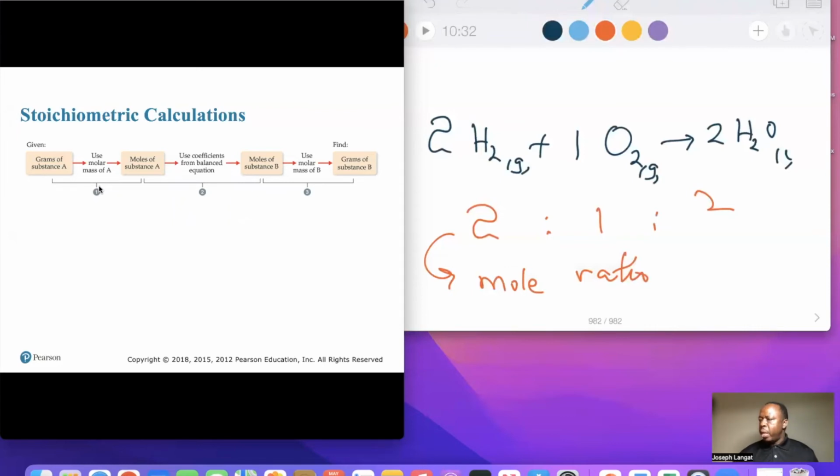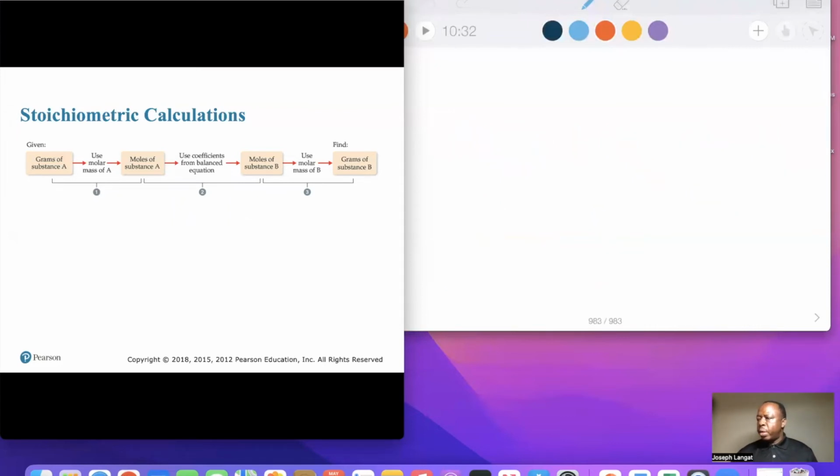By the way, there are types of stoichiometric calculation.